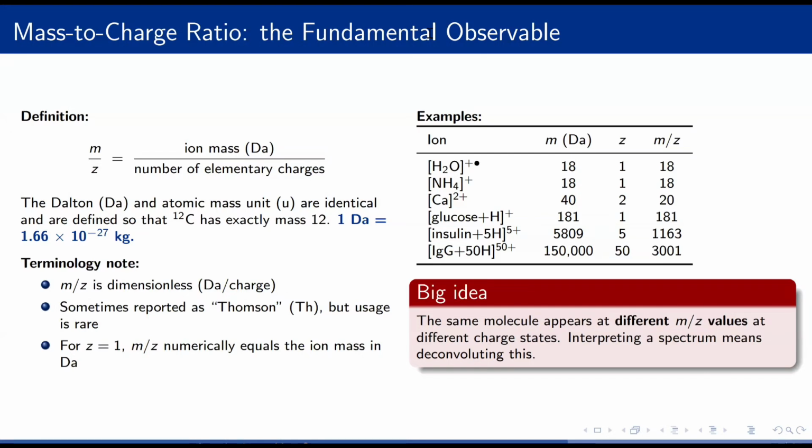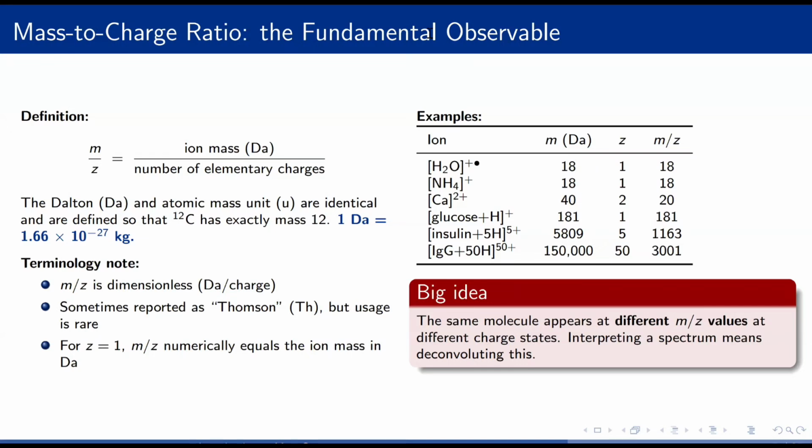Glucose with a proton attached gives mass to charge ratio 181. Insulin with 5 protons attached, a common ESI charge state, gives mass to charge 1163. An antibody with 50 protons attached, which is typical for ESI of IgG, appears at mass to charge ratio 3000.